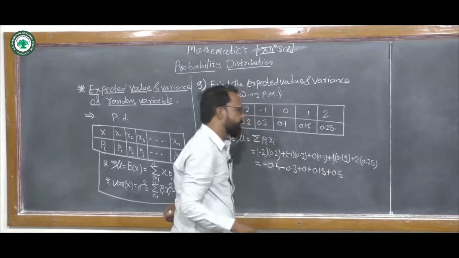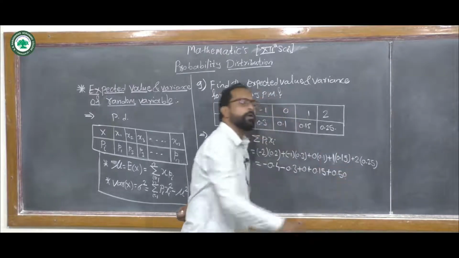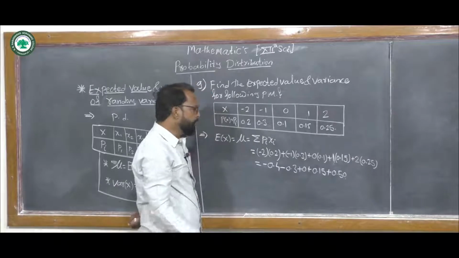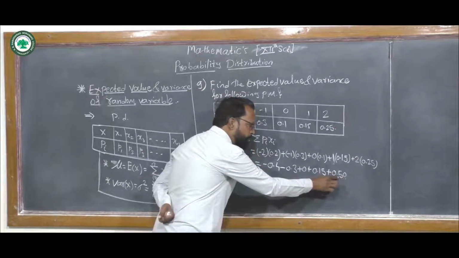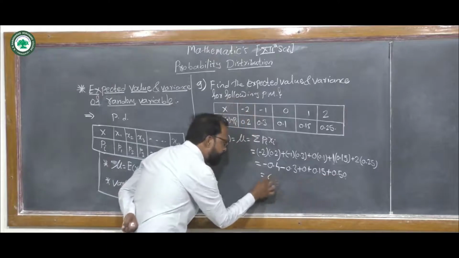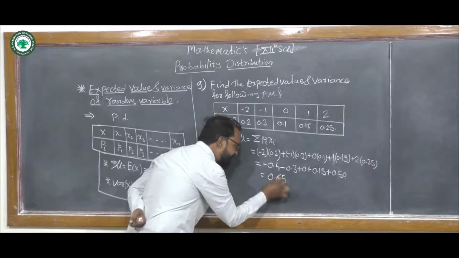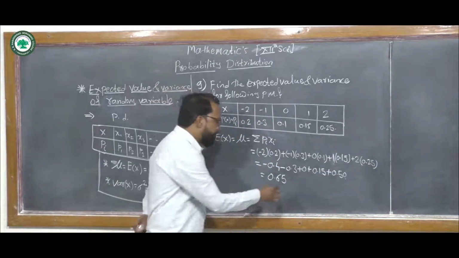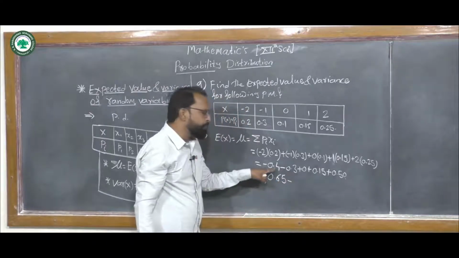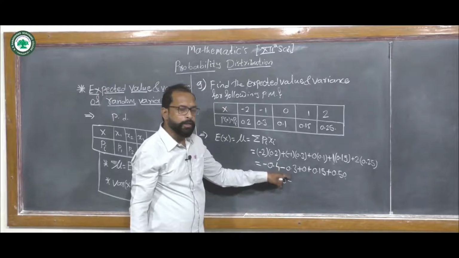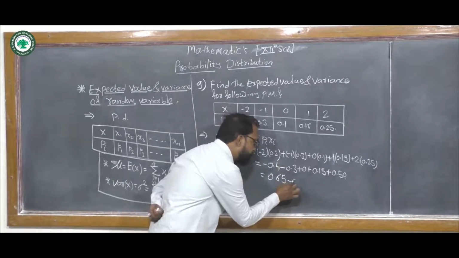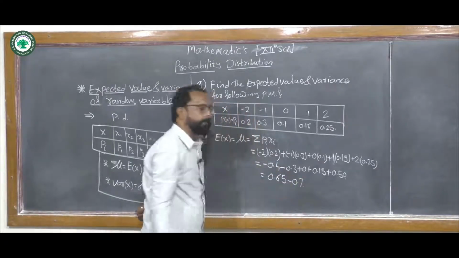So 0.15 plus 0.5 becomes 0.65, minus 0.4 minus 0.3 which is minus 0.7.